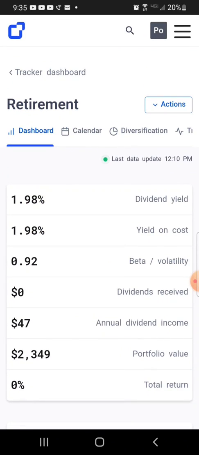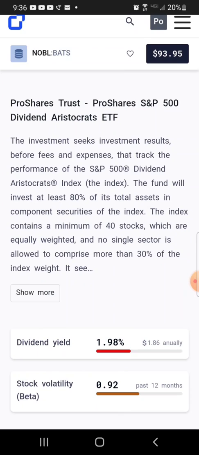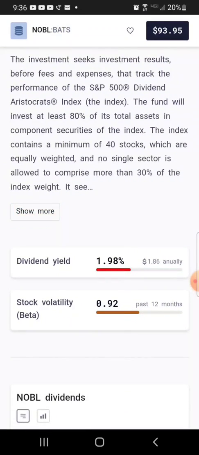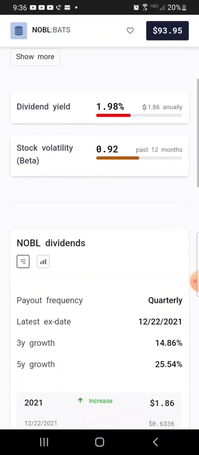And the reason I like NOBL, again, it's an ETF. So let's look at NOBL real quick. NOBL, ProShares S&P 500 Dividend Aristocrat ETF. It has a dividend yield, as you guys saw, of 1.98, and it gives an annual dividend of $1.86.